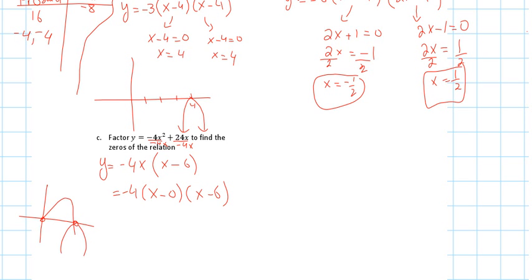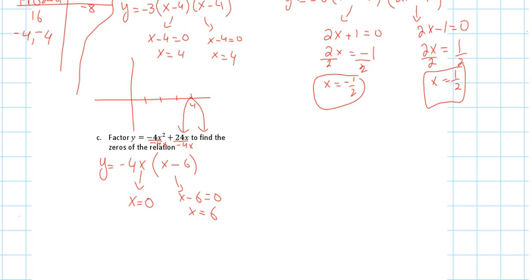So please don't miss this, x can equal 0. And then you have x minus 6 equals 0, so x equals 6. So in this case, you have two zeros. One of them is at the origin, the other one is at 6, and this opens down because it's a negative.